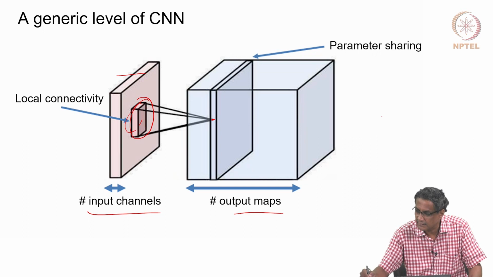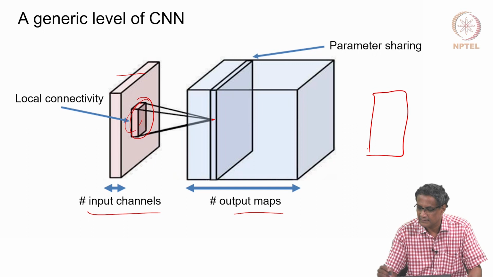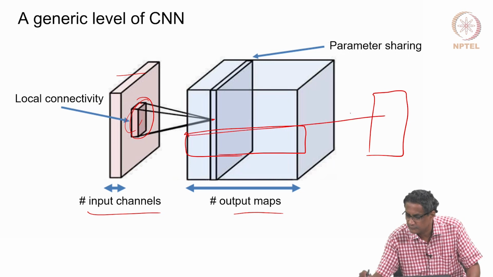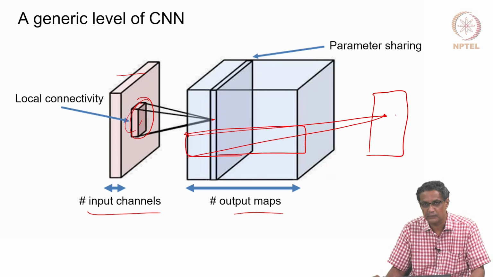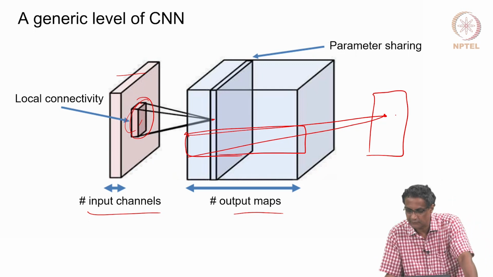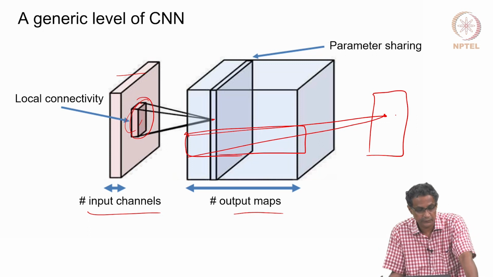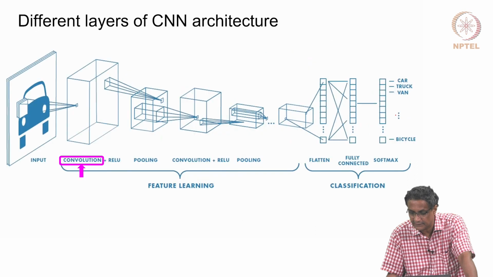Then maybe after this you're doing something, and then you've got one more feature map out there, that will kind of work through this volume, and then all of this will converge to a point here. You may do something in between also. It doesn't mean that convolution has to be followed by another convolution. You can do something in between the two, but whatever it is, this is what you're effectively doing. So you're doing parameter sharing, you're doing local connectivity.